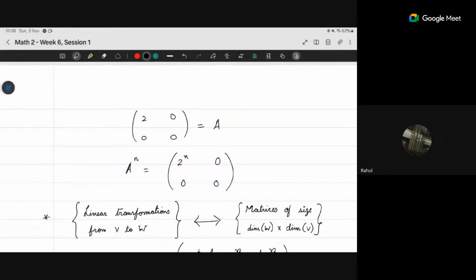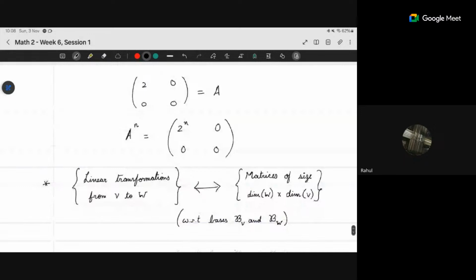This is a diagonal matrix, not a scalar matrix. Diagonal matrix multiplications are easy, so at the nth step, you have 2 to the n. As you keep applying the same transformation on your given signal, whatever this quantity corresponds to, amplitude or whatever, it blows up.